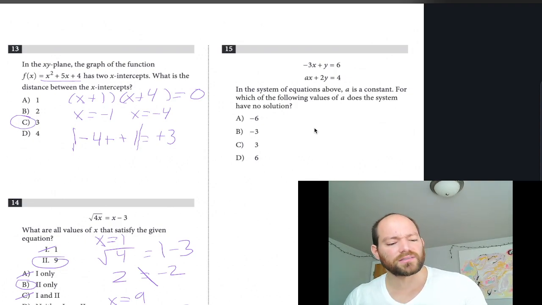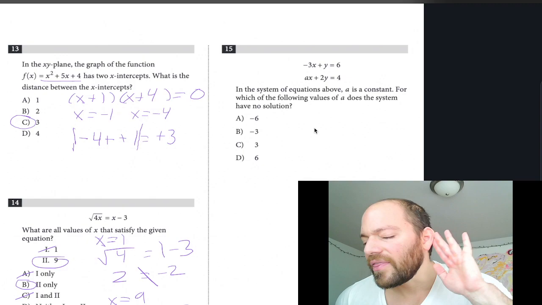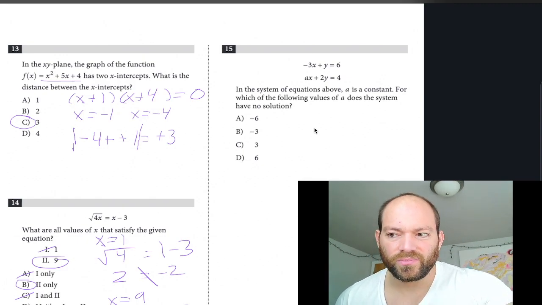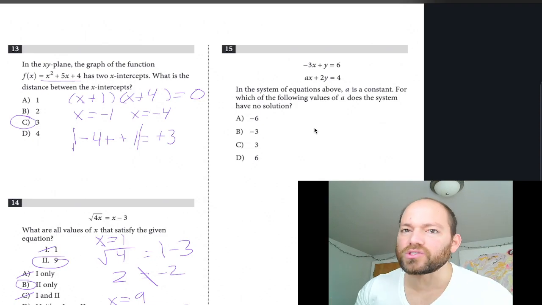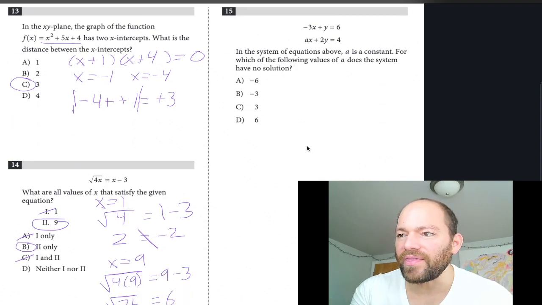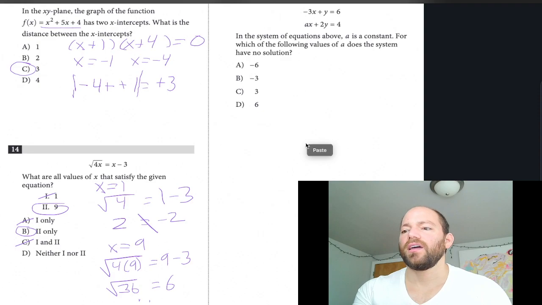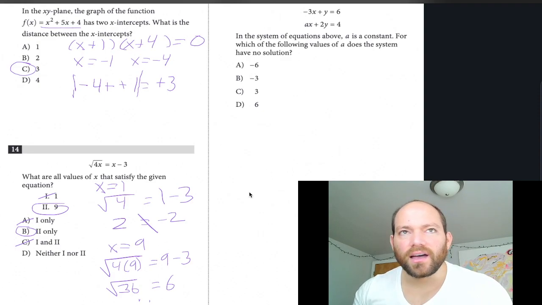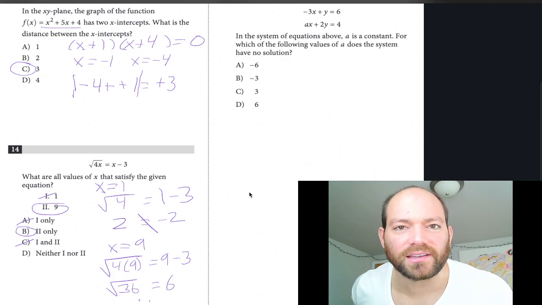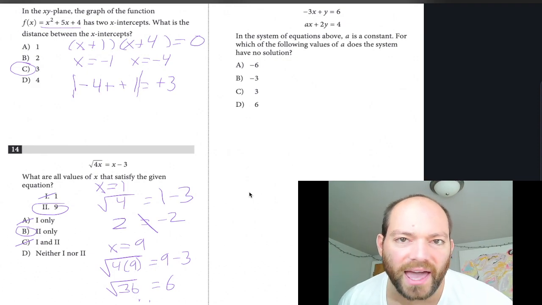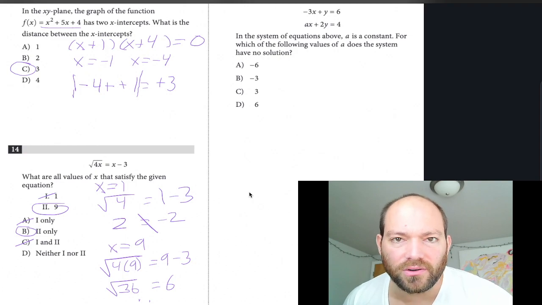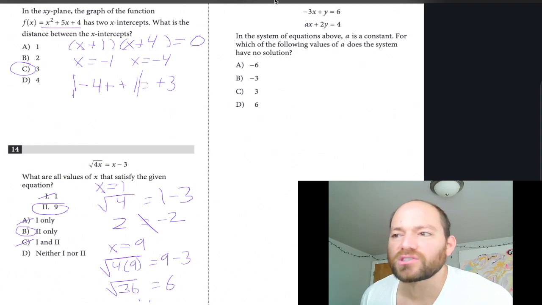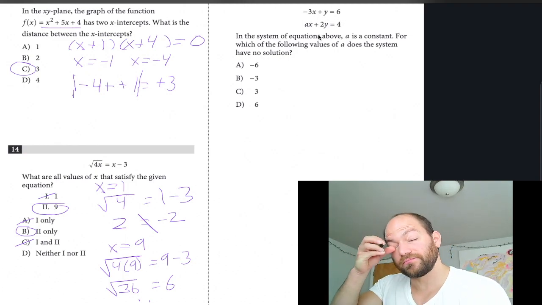It represents the intersection point. So, when a system has no solutions, that means it's two lines that don't intersect, which means they're parallel lines, which means they have the same slope. So all we're going to do is find the slope of each equation.